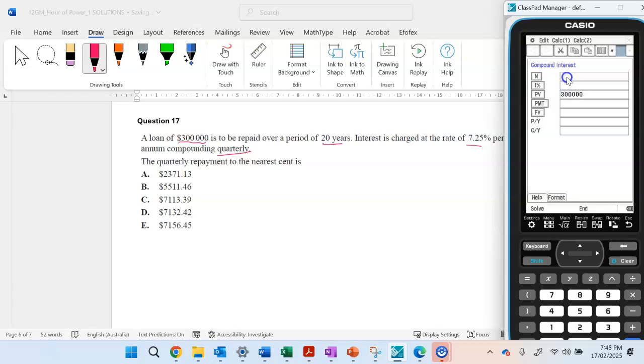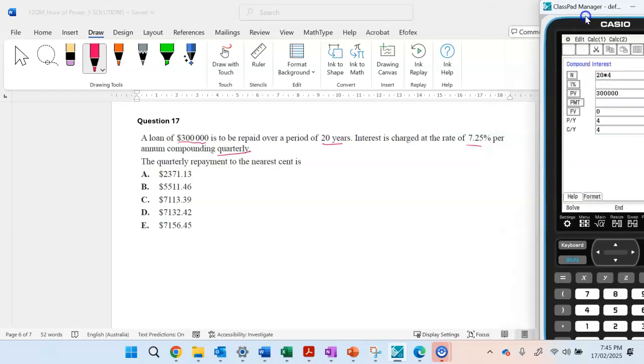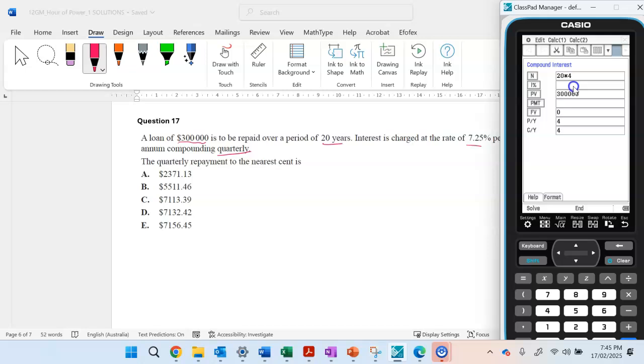Repaid over a period of 20 years, so it's 20 years times by whatever we're compounding. It's compounding quarterly, so times 4. And I'm going to put my 4s down there as well. We're fully repaying it, so it's got to be 0. And we're making repayments. Oh, that's what we're working out. And our interest rate is 7.25. I thought we were working out the interest rate. All right, so payment 7132.42.